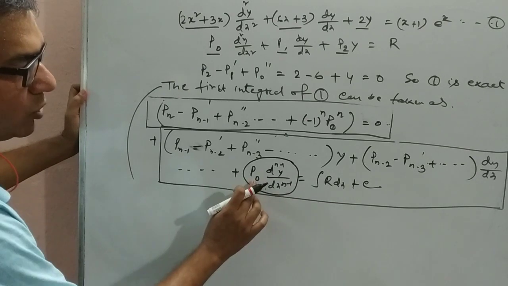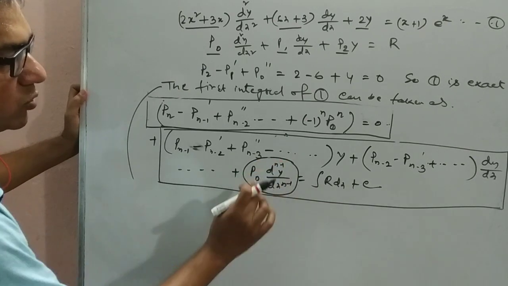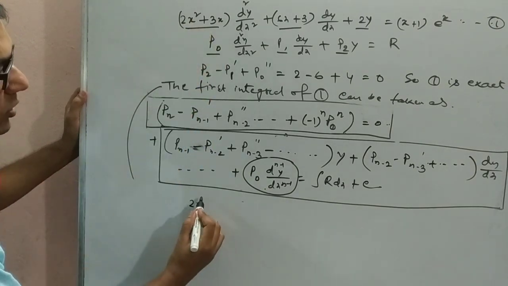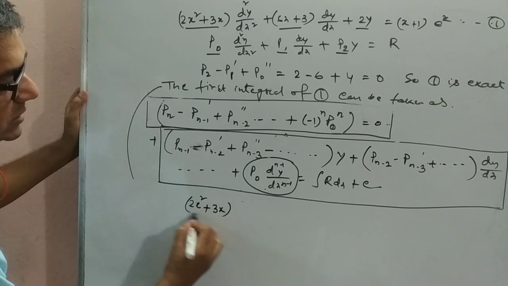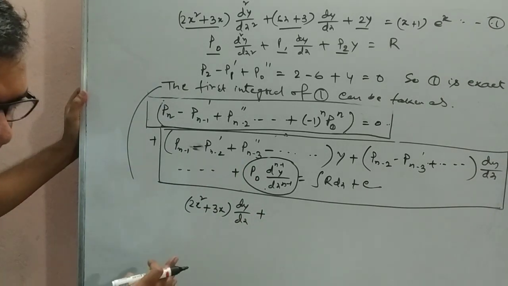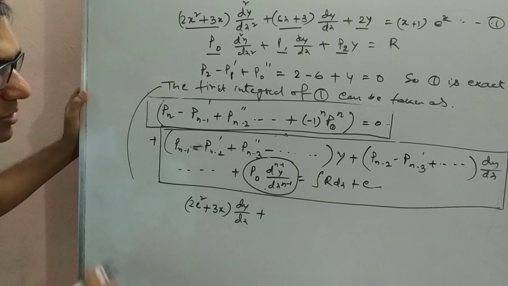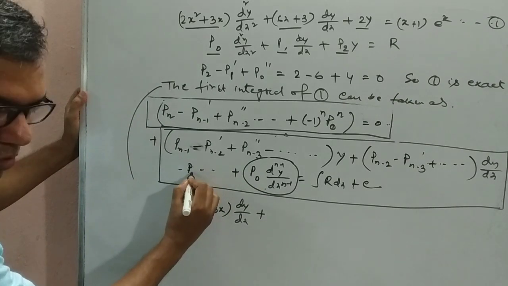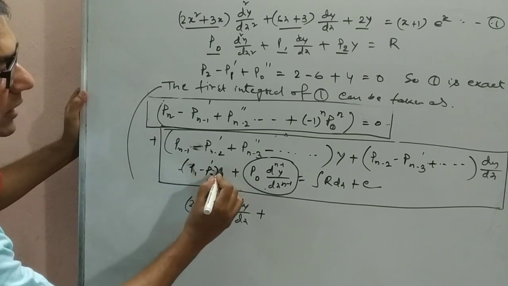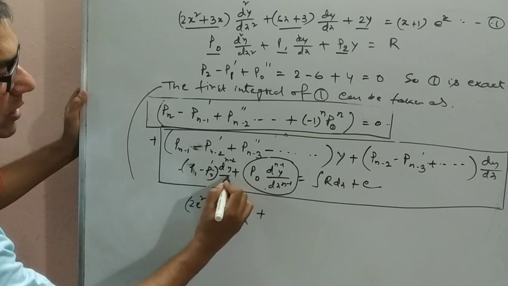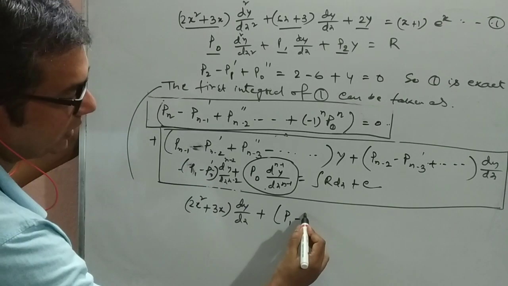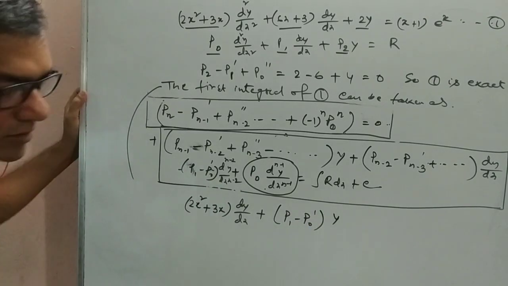The first term is P_0 d^{n-1}y/dx^{n-1}, that is P_0, meaning (2x² + 3x) dy/dx, plus the previous term of this, P_1 minus P_0', into d^{n-2}y/dx^{n-2}, that is here (P_1 minus P_0') into y.